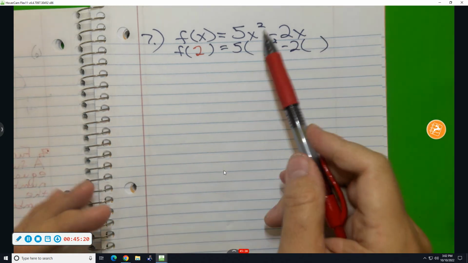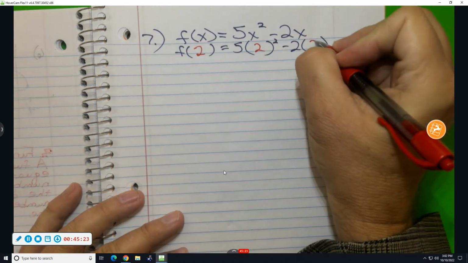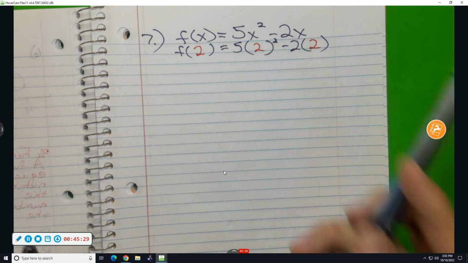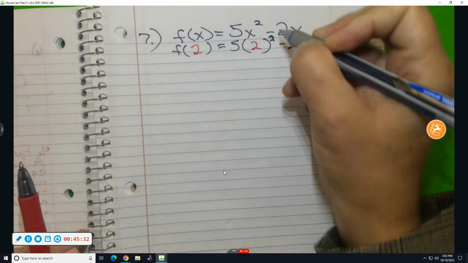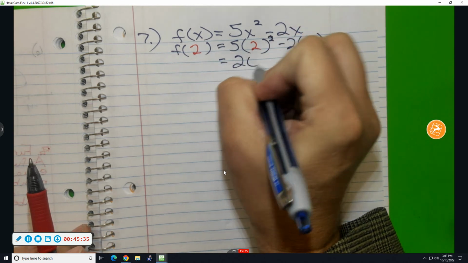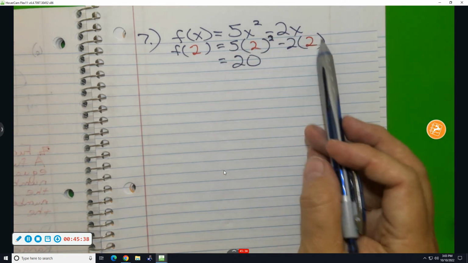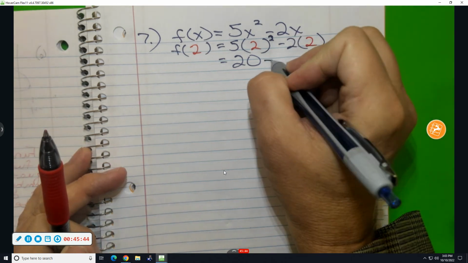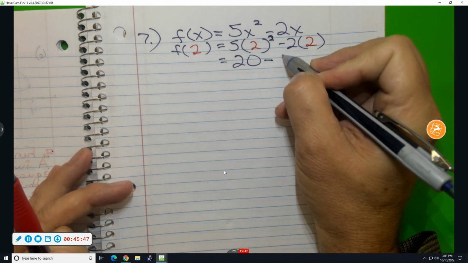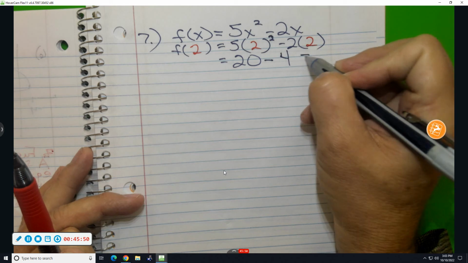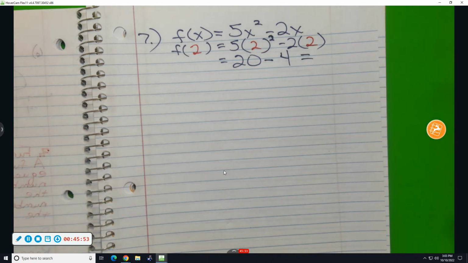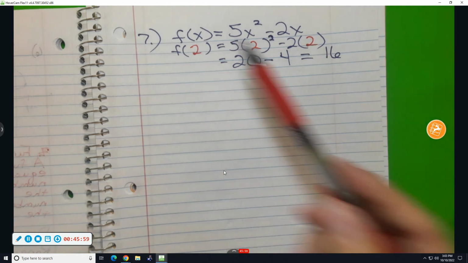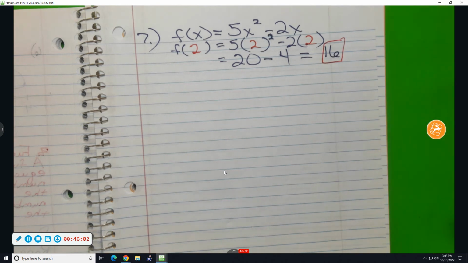So we're replacing each x with 2. Two squared is 4, times 5 is 20. What are we going to have here? It's going to be a negative times positive, so it's going to stay a negative 4. What's that going to give us for our y value? 16. I agree. So when x is 2, the y value is 16.